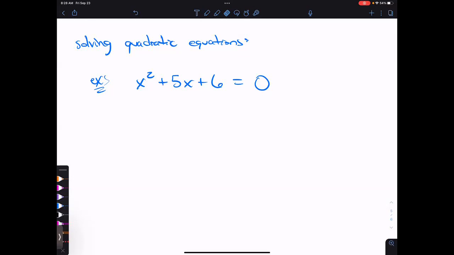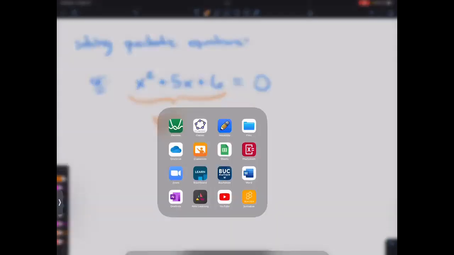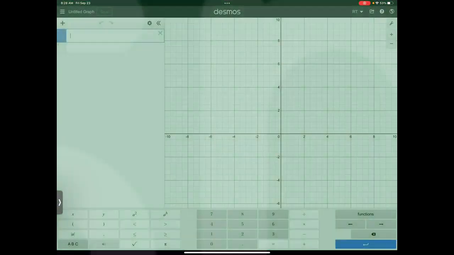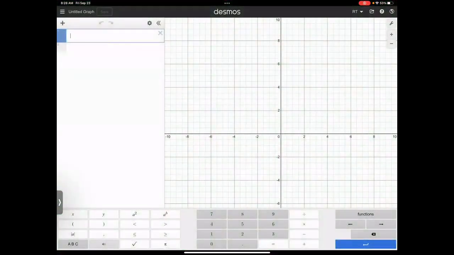Okay, so one thing that we can think about is, what if we think of this as a function? Look at it as y equals x squared plus 5x plus 6. What can you tell me about that before we even graph it? It's a parabola and it opens up. Good.